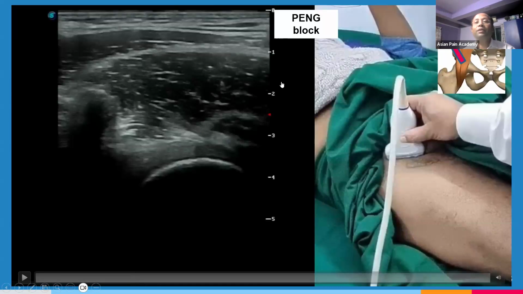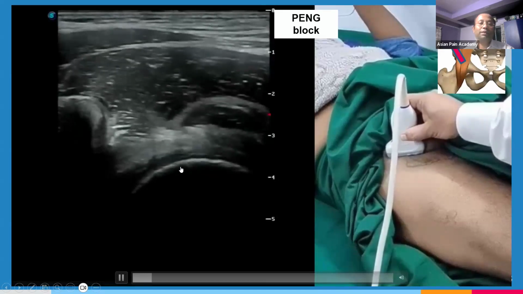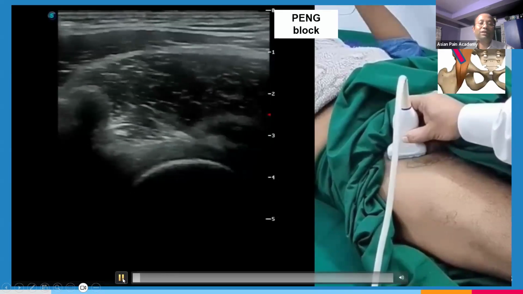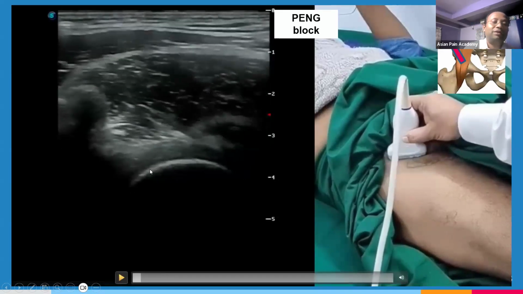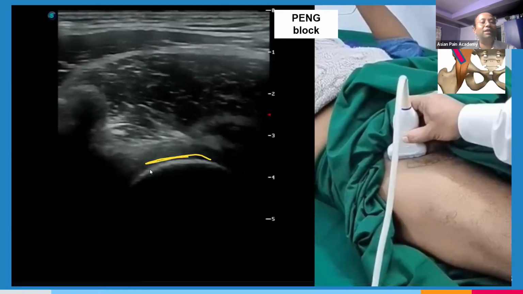Here you can see on the right how I have held the probe. First, as I was saying, you always search for the head of the femur. This is the head of the femur, very nicely seen, and a very thin line of cartilage we can see.